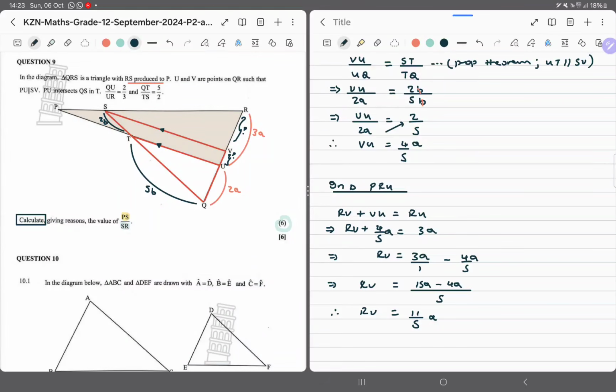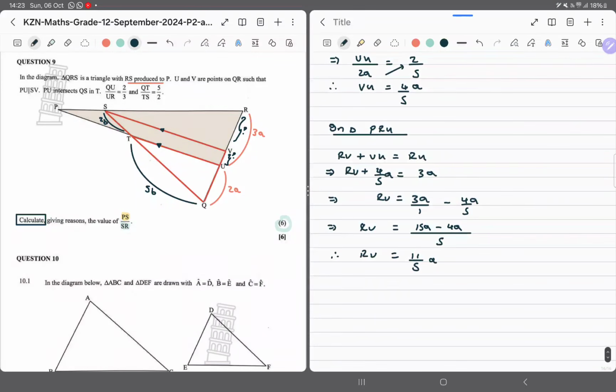Now that we have our RV in terms of A, what do we do? We can say then, what do we know? We know that PS over SR should be equal to VU over VR.